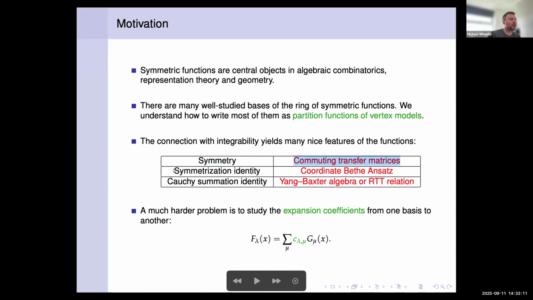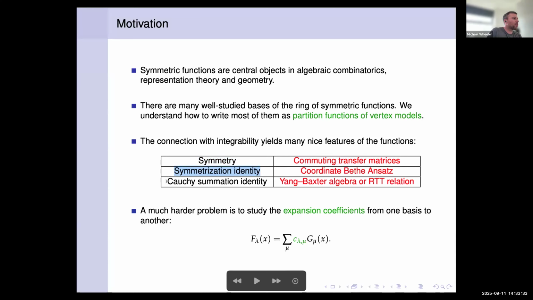Another property that you typically have in symmetric function theory is symmetrization identities for the family of polynomials that you're looking at. In terms of lattice models, this is nothing but the coordinate Bethe ansatz type expressions that arise.